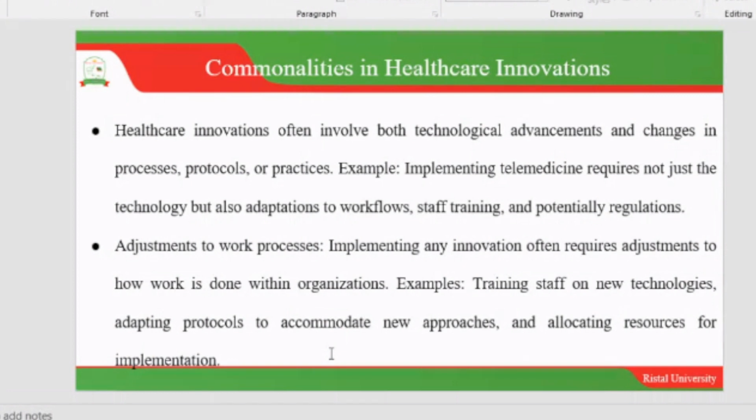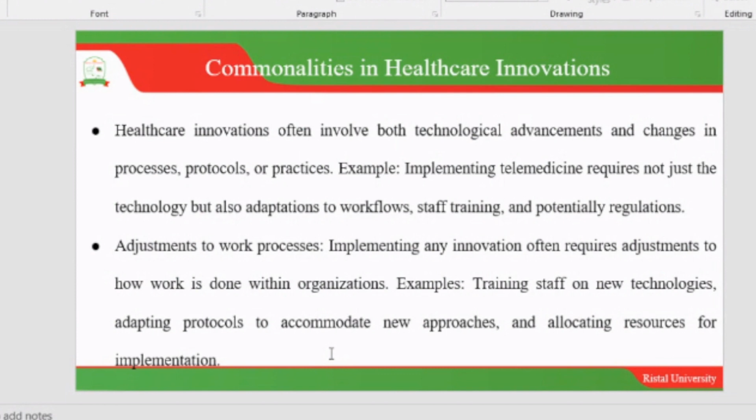So the common features of healthcare innovations include the fact that they often involve both technological advancements and changes in processes. So you have technological advancements on one end, but also you need to change the way you have been doing things for these innovations to cause the desired effect.